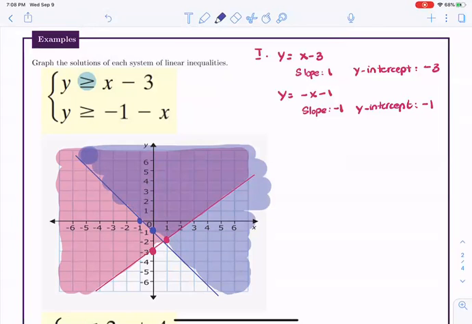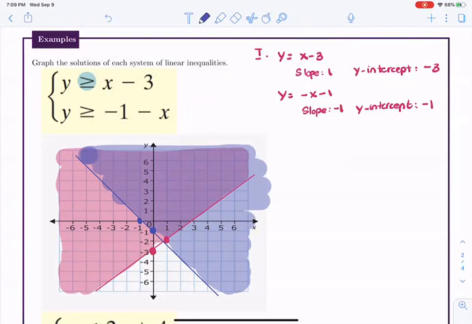Now there is a whole lot of shading going on here, but keep in mind, I can say that there can't be a solution right here. That is guaranteed. In this part, there is no solution, nothing shaded. But there is shading on other places. But when we have a system of inequalities, we have to look at the region that overlaps.